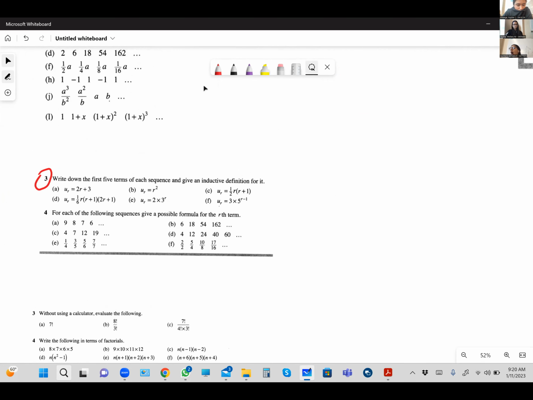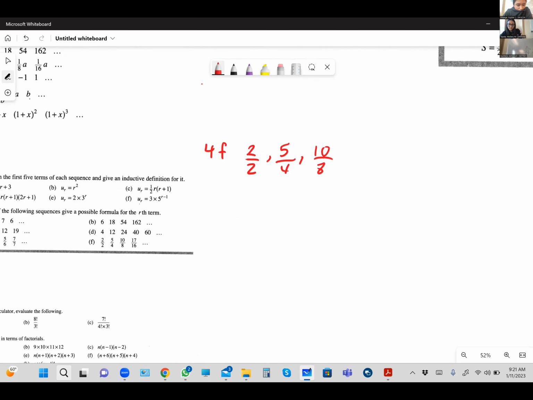4F. It says here, for each of the following sequences, give a possible formula for the r-th term. So let's give it a shot. 4F. 2/2, 5/4, 10/8, and 17/16. So we're not doing a deductive one, okay?